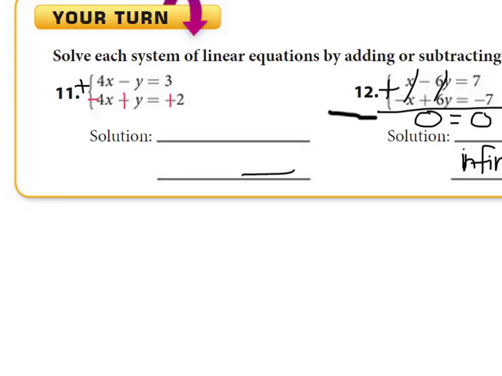So now 4x plus negative 4x, well, that cancels. Negative y plus a positive y also cancel. So again, since both canceled, we're left with 0. On the right side, we have 3 plus a positive 2 now, which is 5. Well, does 0 equal 5? The answer to that is no, that's false, so this means this one would be no solution.